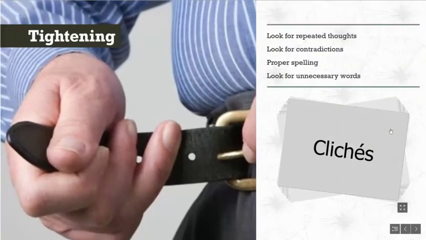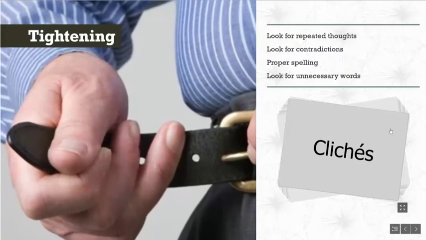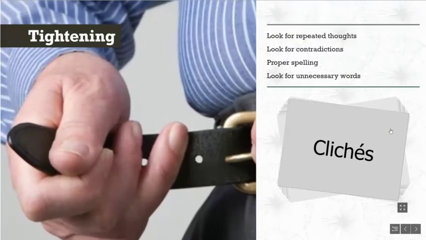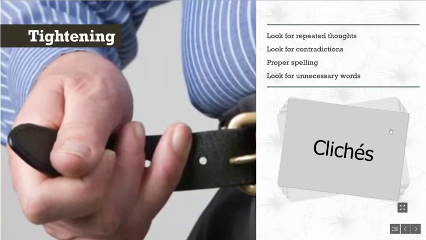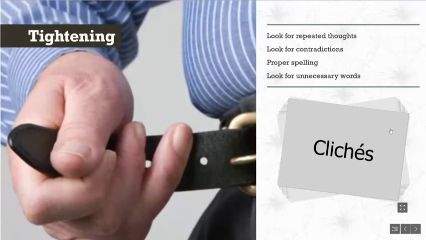Cliches. These are things that people say all the time, and they get into your language, but cliches are different where you come from. So maybe you have a different cliche in California than I do over here in Virginia.